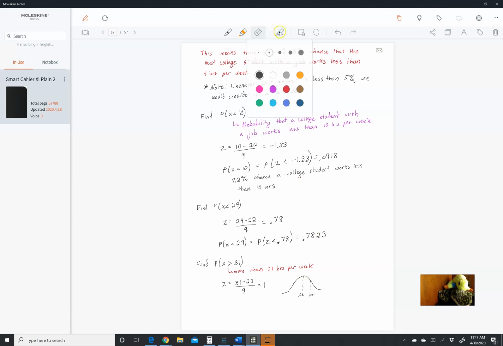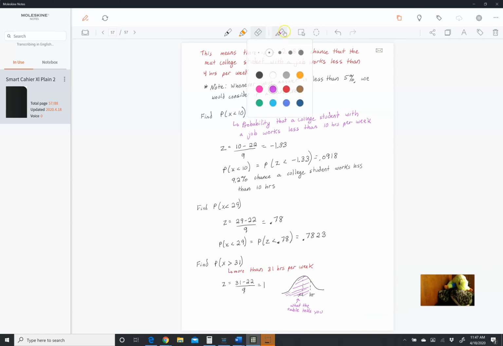Here's what the z-score table is going to tell you. The z-score table is going to tell you this area. But that's not the area that you want.